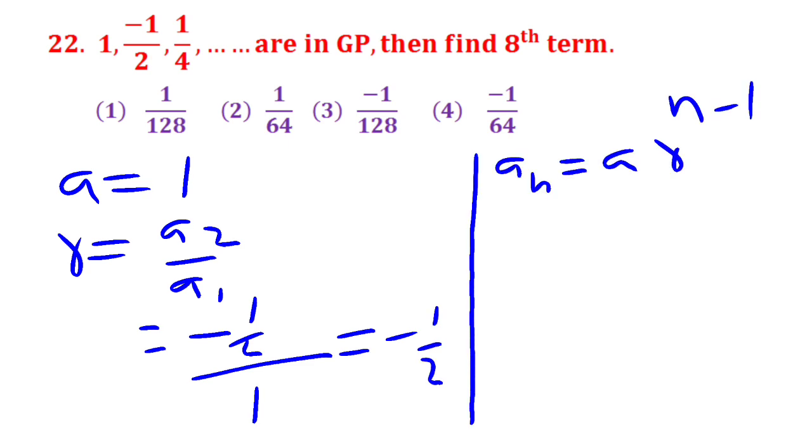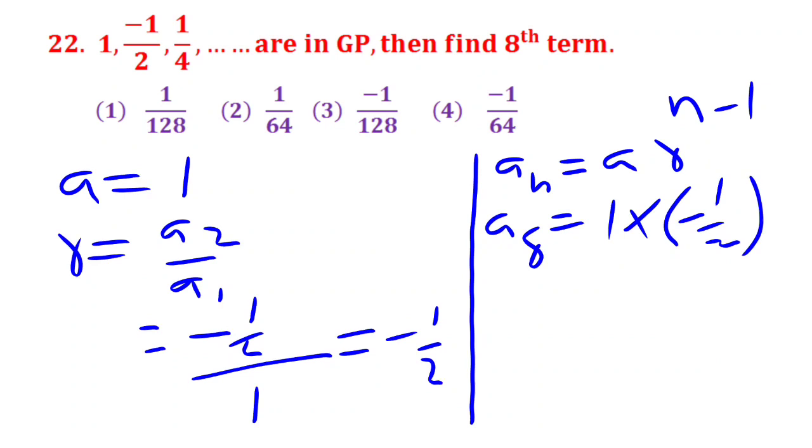To find any term, we have to use the nth term formula. That is an equals a into r to the power of n minus 1. So a8 equals, let's substitute a, r and n. A value 1, r value minus 1 by 2, all to the power of n minus 1, n value 8.